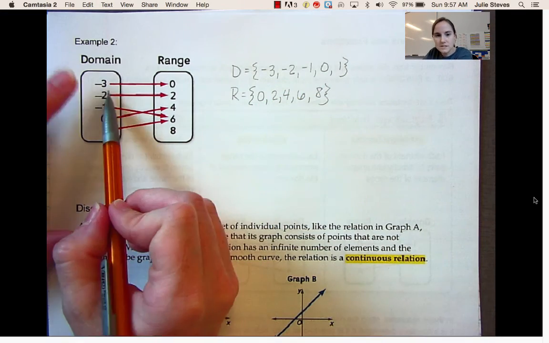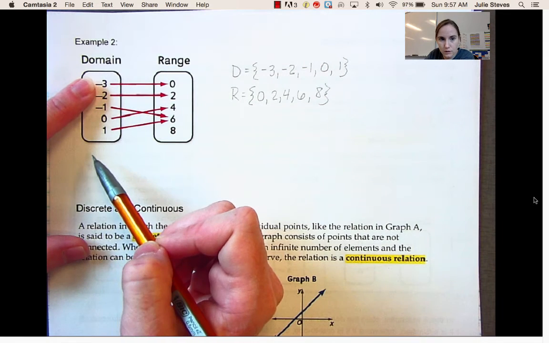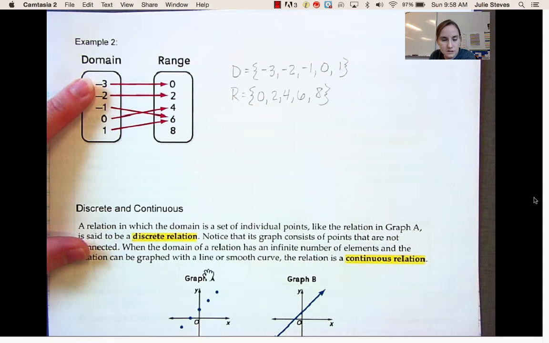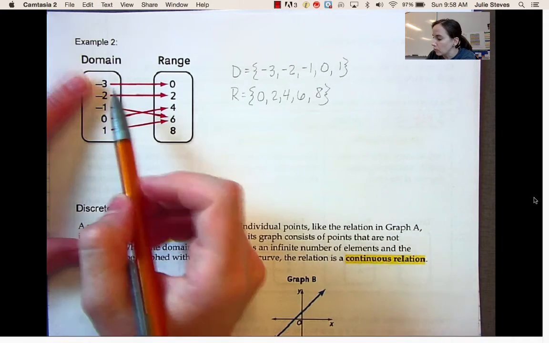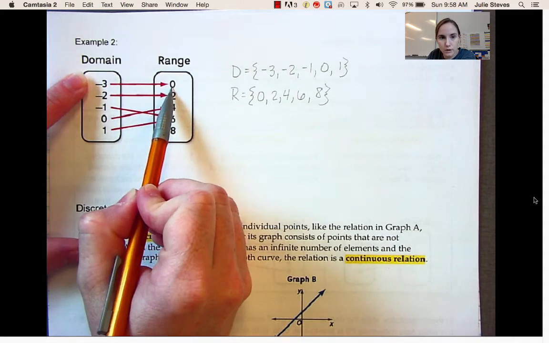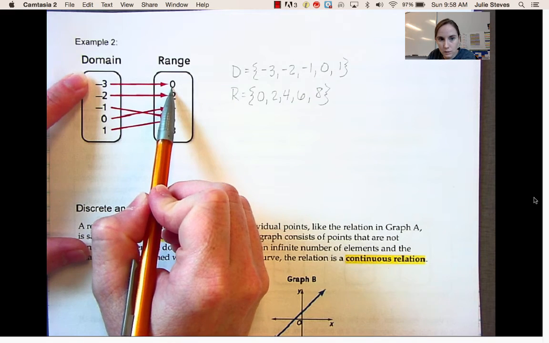Okay, let's take a look at how they're paired together. First of all, we need to determine if it is a function. So -3 gives me 0. Is it paired with anything else?